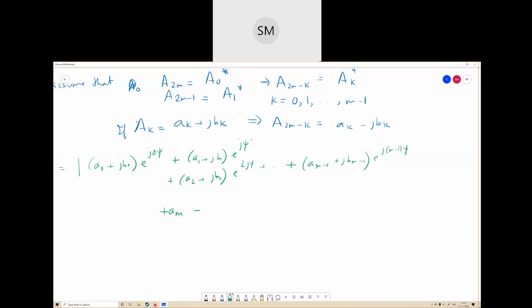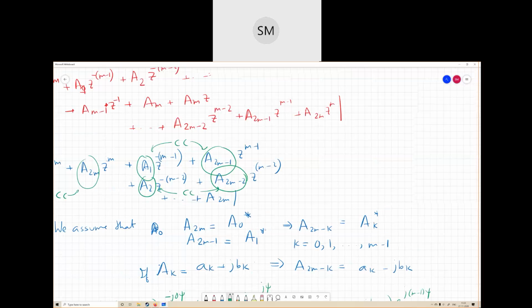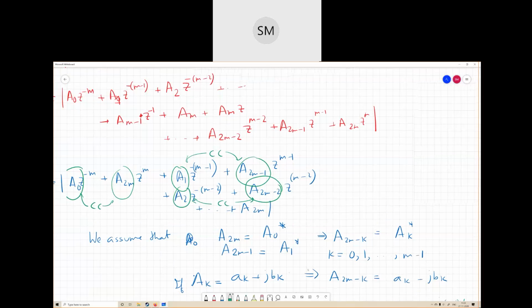This am stays alone. Then a(m-1) minus j b(m-1) e to the power of j, sorry, here it will be negative, minus psi.